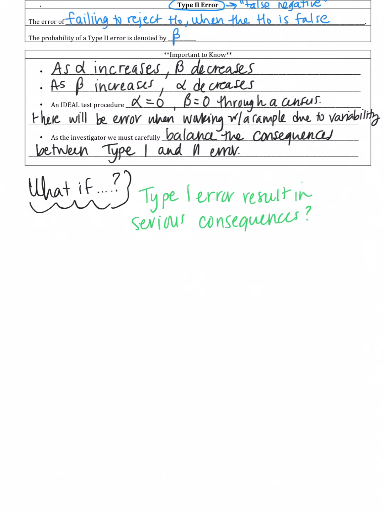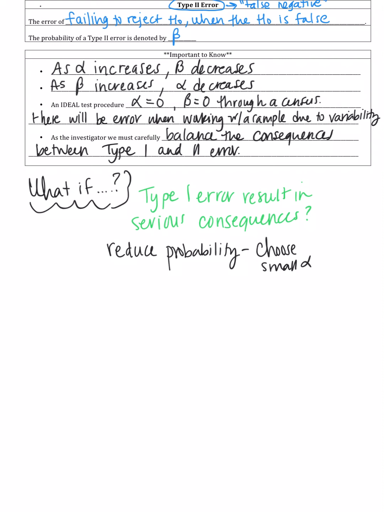And by serious consequences, we mean like we're going to have illness, we're going to have death, we're going to lose money, things like that. And so if that's going to happen, then we want to reduce that probability of the type 1 error. And in order to do that, we're going to choose a small alpha value.